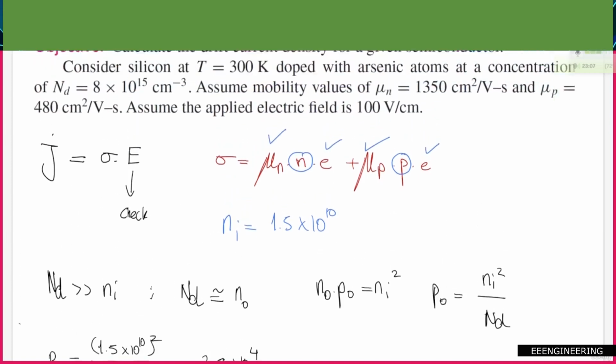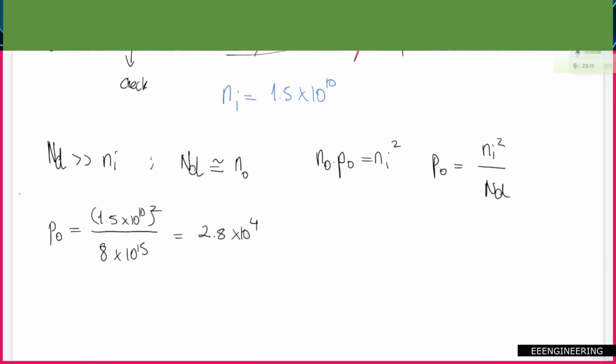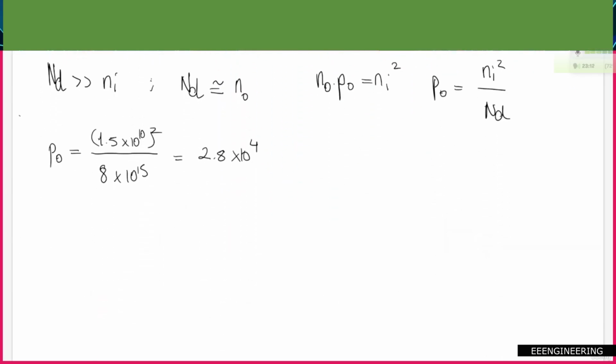Now we can easily move on to the second part of the question, in which we're going to find out the conductivity value. So I'm going to change my color, and I'm going to say conductivity is equal to mu n. As far as I remember, that was 1350. Then we also have the electron concentration, which is 8 times 10 to 15. And then we have the charge, which is 1.6 times 10 to minus 19 for an electron.